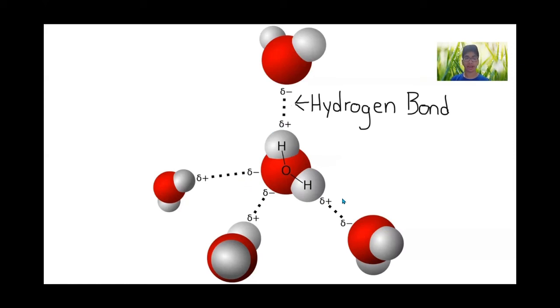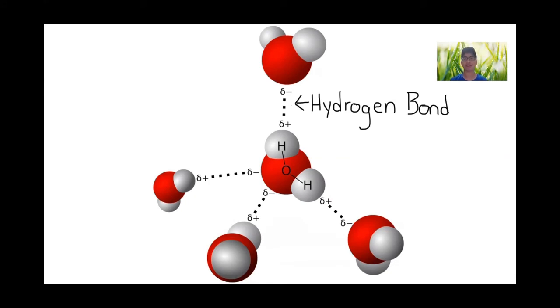As you can see right here, one water molecule has the potential to form 4 hydrogen bonds at once. Now, hydrogen bonds, though they're constantly forming and breaking, are super, super important to the properties of water. But water deserves its whole own video, so I'll elaborate on that in a future video.